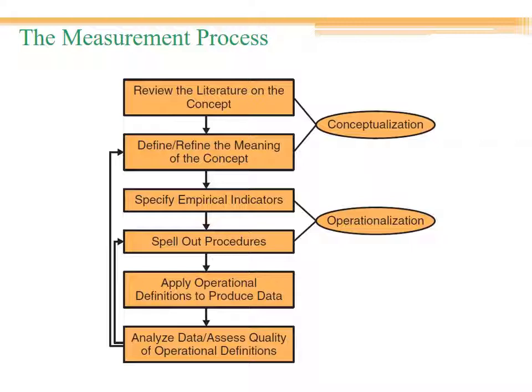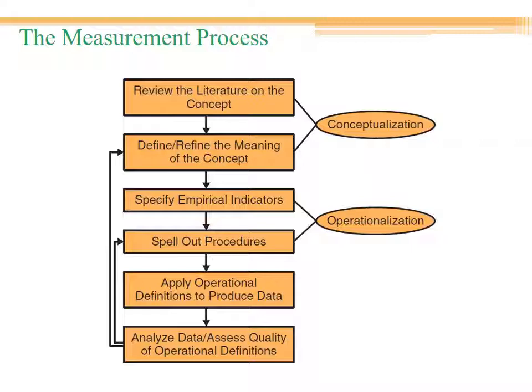Once we have conceptualized the concept, so the first two steps in this illustration, the next step is to operationalize it, steps 3 and 4. Operationalizing it is identifying ways to observe variation in the concept. So for example, identifying bad movies from good movies.